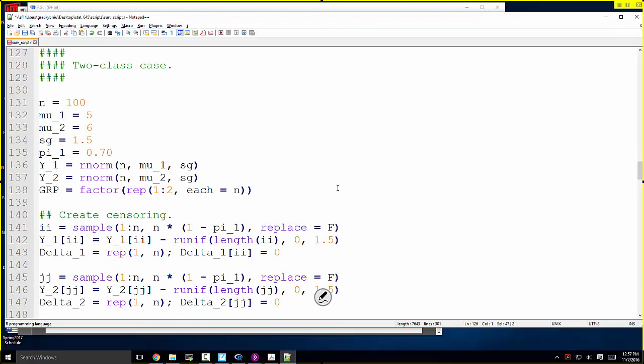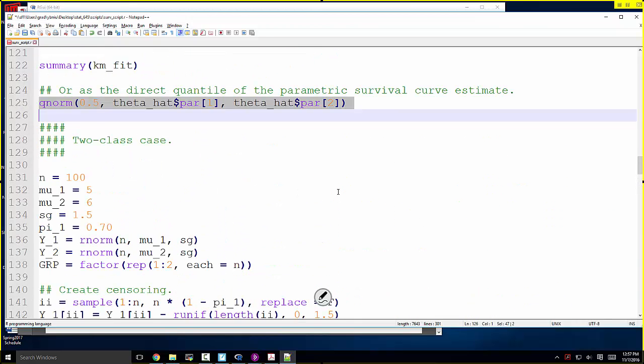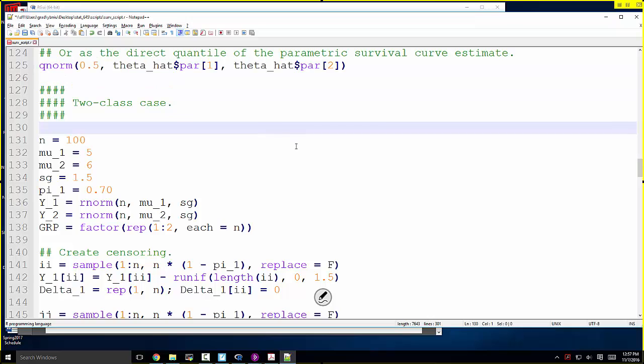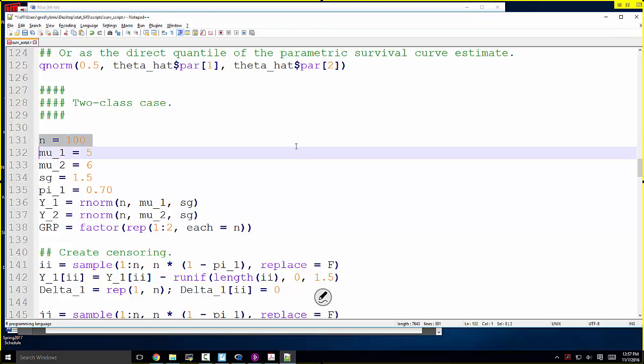What comes next is a comparison of survival curves. Suppose we have a treatment group and a control group, and we're going to estimate survival probabilities for each. And we want to ask, is there a difference between survival prognosis for the two groups? This is just like what came from above, except now I'm going to have two comparison groups instead of just one population. We'll have 100 individuals in each comparison group.